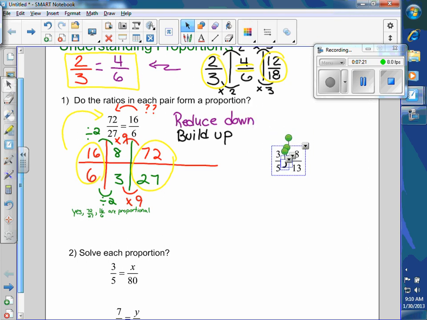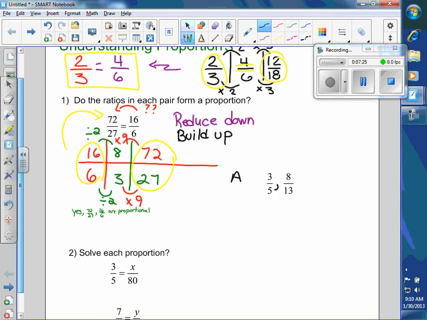They say, are 3/5 and 8/13 proportional? Or they might say, do 3/5 and 8/13 form a proportion. But I wanted to start with what we've been doing. Your book is really going to probably ask you to do it this way.